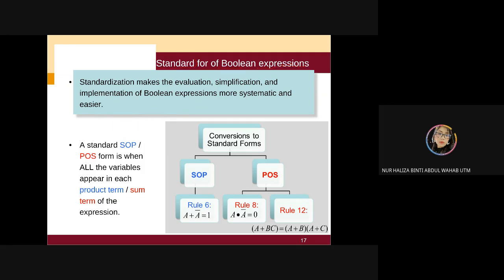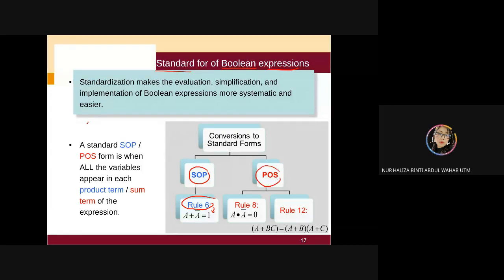So how to convert the simplification version to the standard version of Boolean expression? SOP is very easy because you just apply one rule, which is A plus A bar equal to 1. Why 1? Later I will inform you.